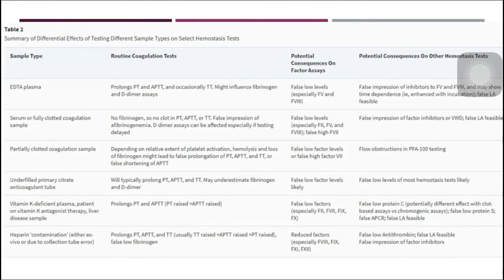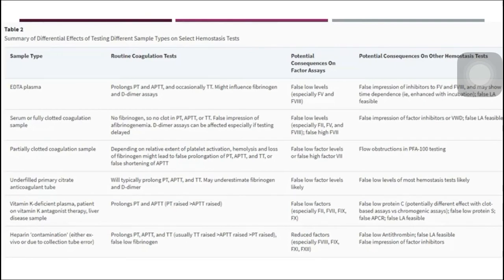So I have here the summary of differential effects of testing different sample types on select hemostasis tests. This is from the ASCP journal, Lab Medicine. We have sample types and their potential consequences on some factor assays. For example, EDTA plasma might influence fibrinogen and D-dimer assays.